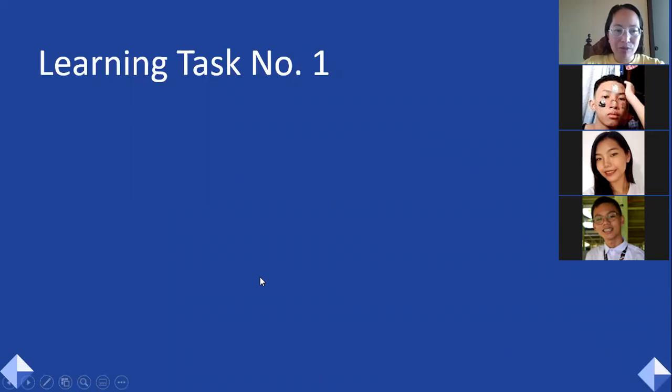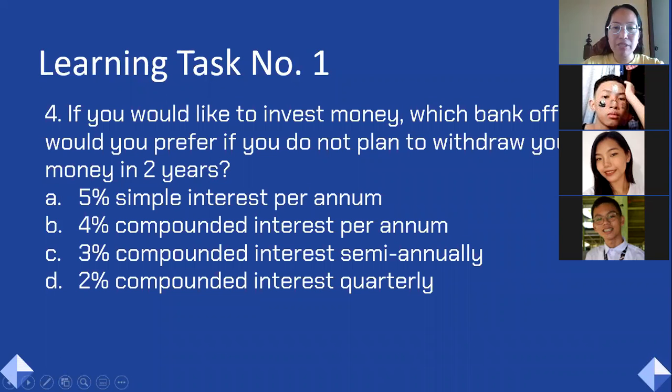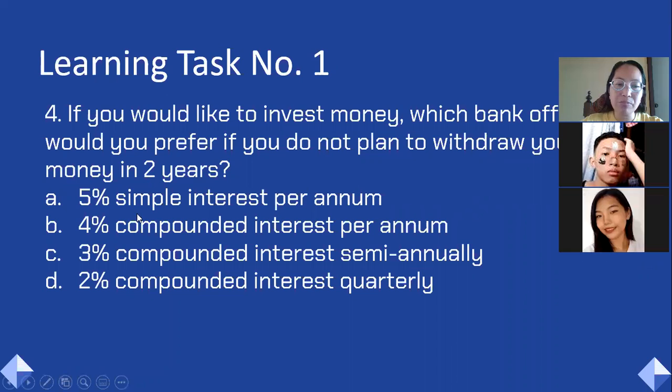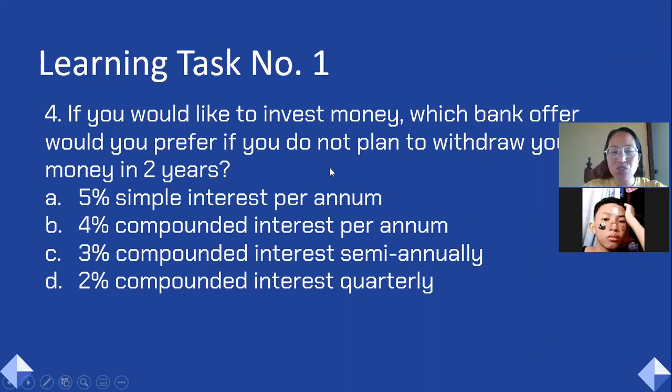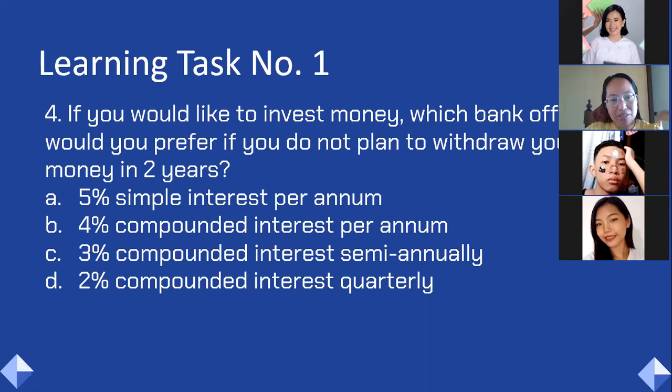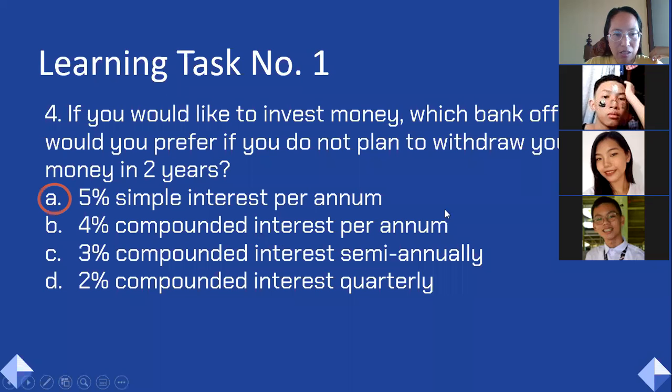Okay, let's have question number 4. If you would like to invest money, which bank offer would you prefer if you do not plan to withdraw your money in 2 years? Is it 5% simple interest? Yes, Shello. Letter A po, ma'am. So it's letter A. If you are investing, the computation is per annum. So it's also big. You can start with 1,000 and see how much it yields per year.